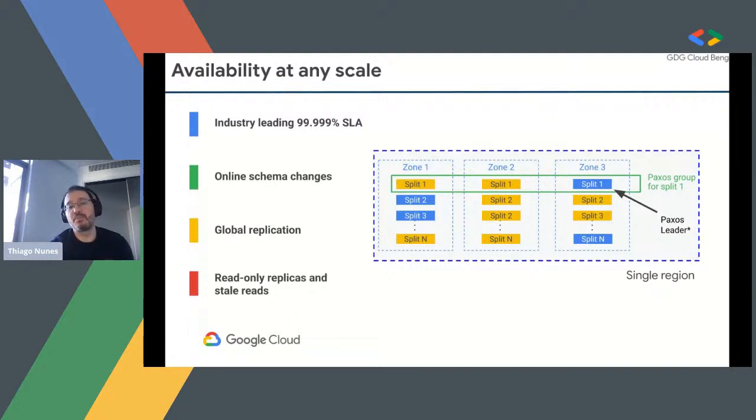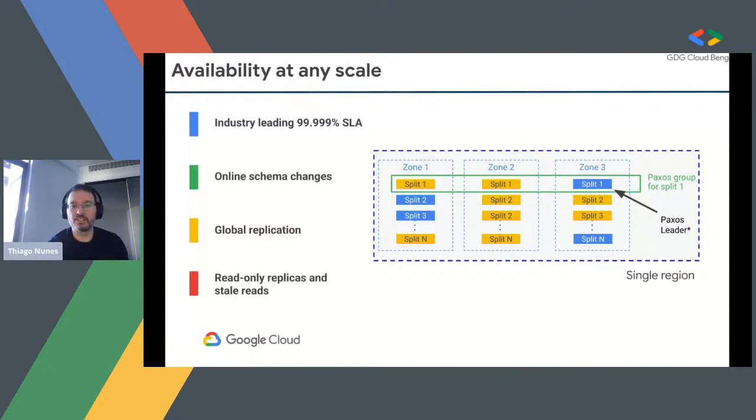Basically, Spanner partitions your data into chunks, which we call splits. These splits are organized into groups, and these groups are Paxos groups. Paxos is basically a consensus algorithm that we use. Within those groups, there are leaders. The leaders here are marked in blue.